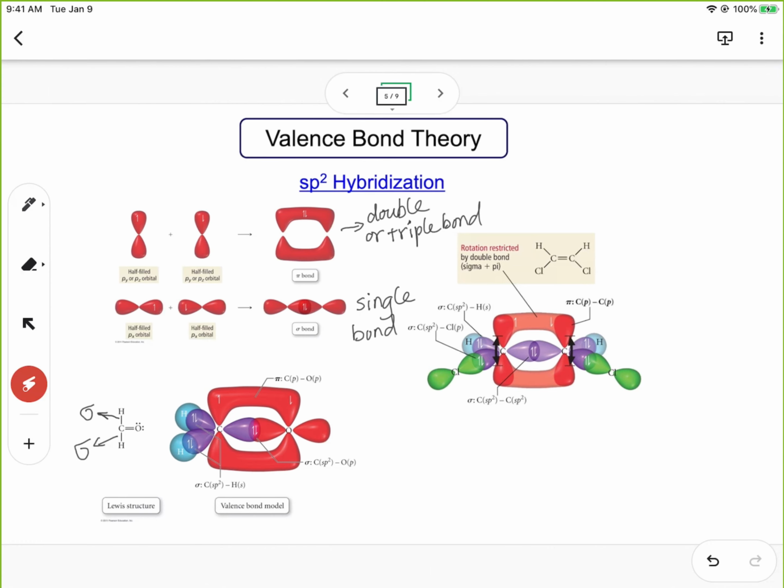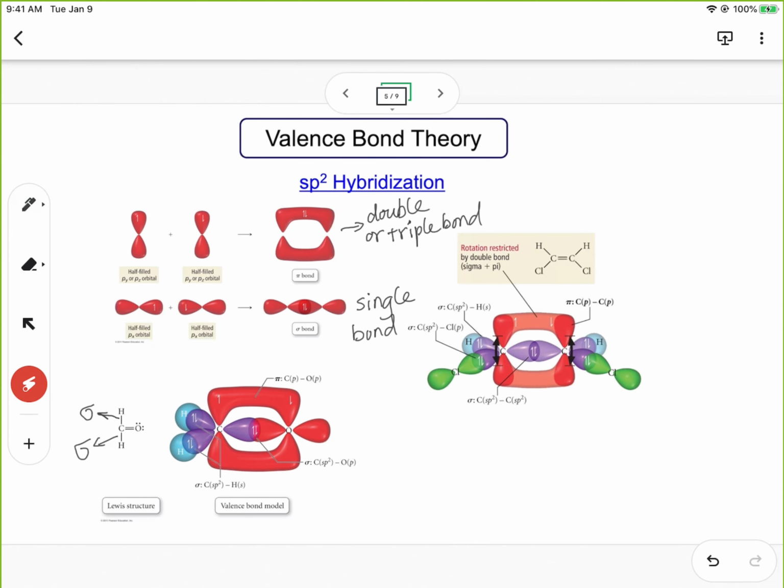Now, the interesting thing about this double bond is, first, you have a p orbital from oxygen interacting with this sp2 hybridization orbital through head-to-head interaction. So this is the single bond formed by this carbon and oxygen atom.